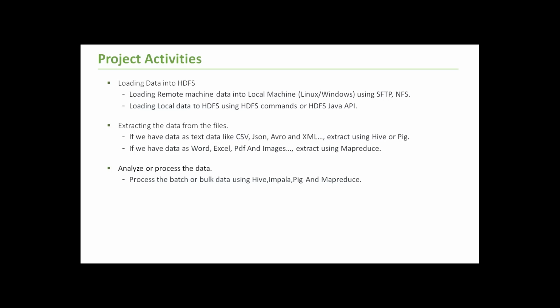We are processing bulk. I have 1 GB or 1 TB of data, load it and process it. That is what I do in batch or bulk processing. Apart from bulk or batch processing, is any other processing there? We'll discuss that at the end.